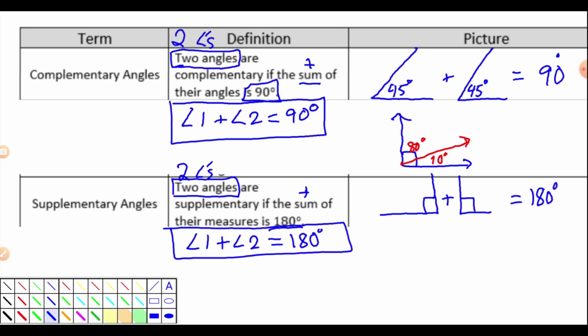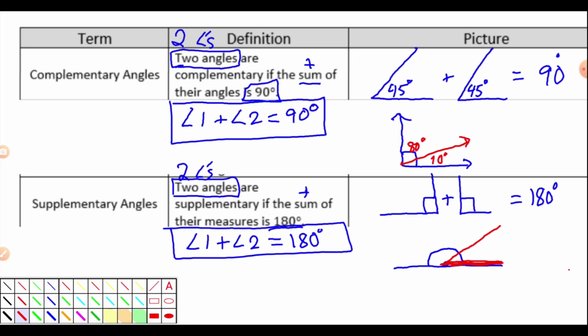Or instead of doing two 90-degree angles, let me draw a straight line. And remember, if I was to measure a straight angle here, doesn't that remind us of our circle? So that's like half of a circle, or a semicircle. So that's 180 degrees. And now we can do kind of the same thing we've been doing: we cut it into two angles.